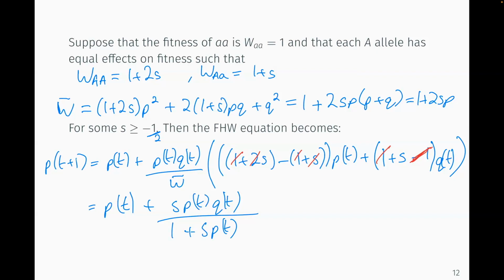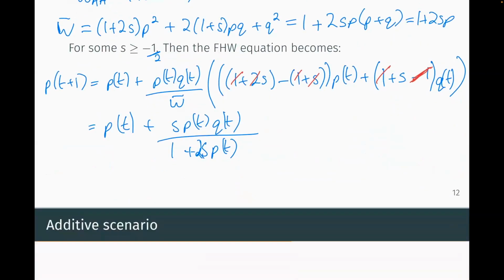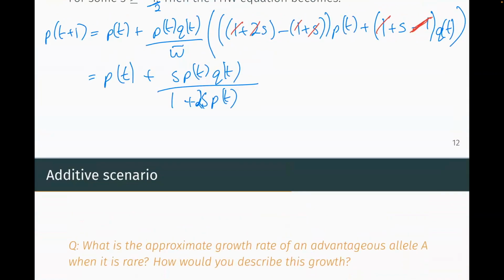Yes, sorry, I've missed a 2. It was in my notes, but I took it down. Yeah, thanks. So 1 plus 2s P of t on the bottom here. This is in the notes in case you don't actually copy it all down.